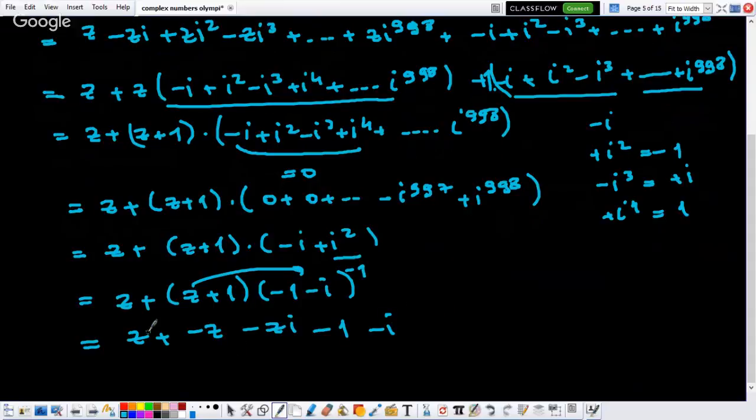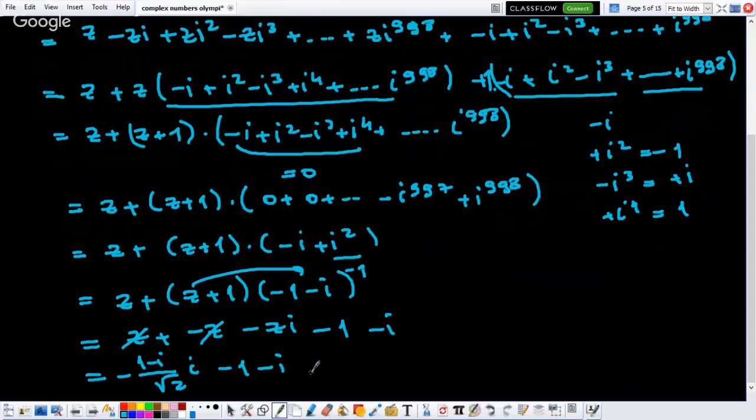Why do I multiply like this? Because I want to simplify this too. And minus zi, we know that it's equal to 1 minus i over root 2, times i, and minus 1 minus i.